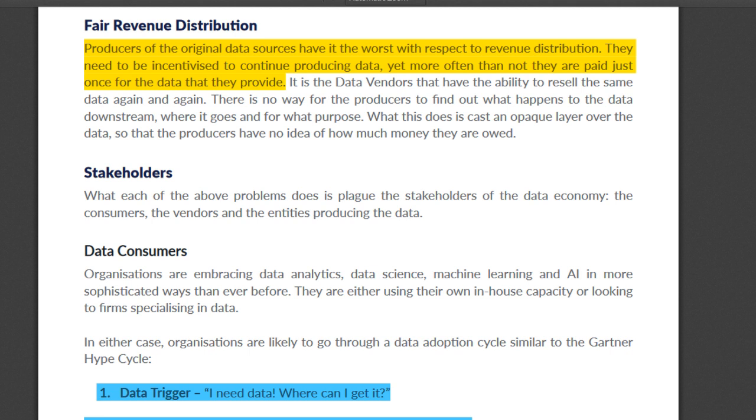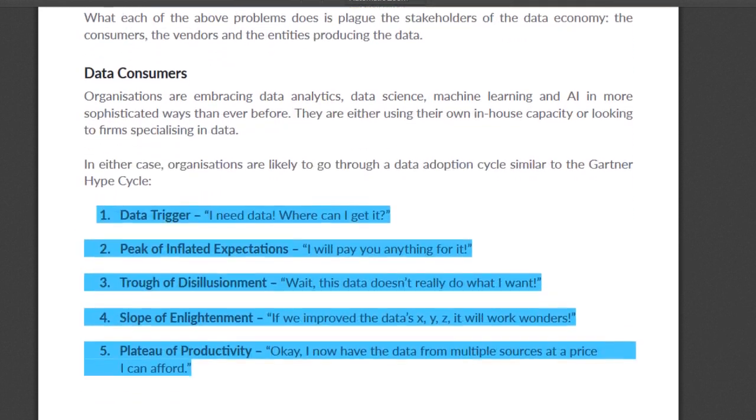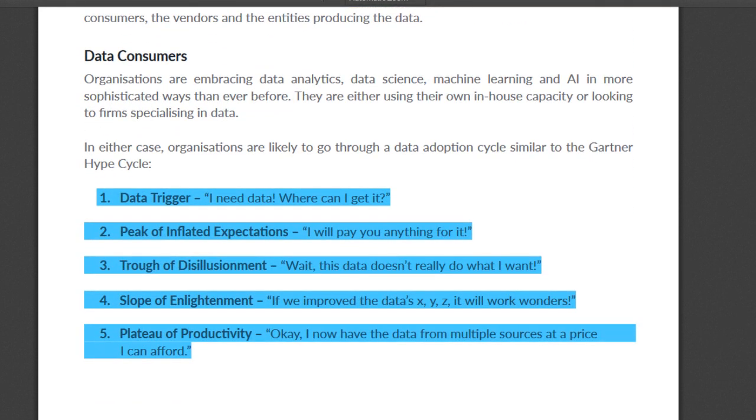This is the data scientists or AI learning projects that are trying to do things with it. This is kind of an unusual breakdown, but whatever the project they're working on, they need data. They go out and search for it. They really want the data, so they offer to pay a lot for it. Then they feed the data in. Not all the data is authentic, so it doesn't produce the result they want.